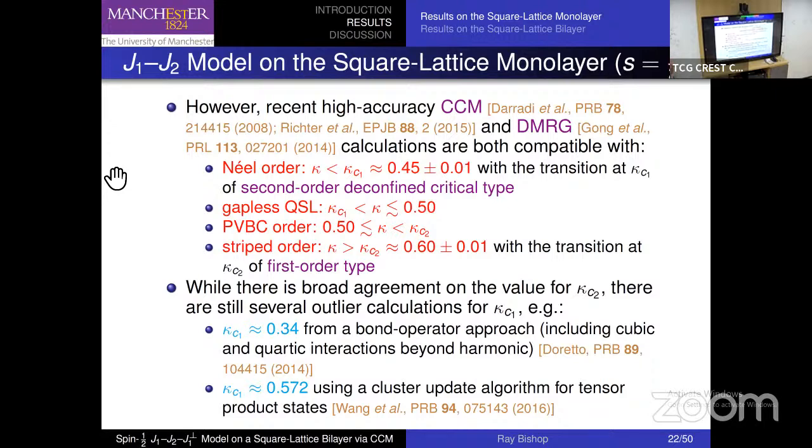Now, while there is quite broad agreement on the value for this second transition, for this first one there's still a lot of room for disbelief. And there are some real outliers from calculations that look pretty good. For example, there's a quite good bond operator approach, which includes up to cubic and quartic interactions beyond harmonic, and that's state of the art in this, that gives a much smaller value, 0.34.